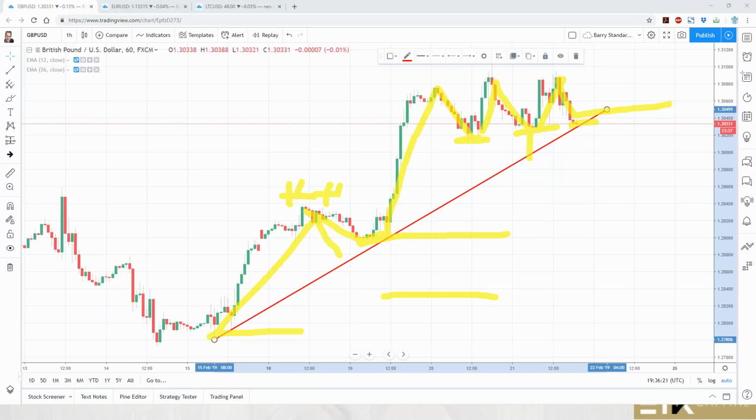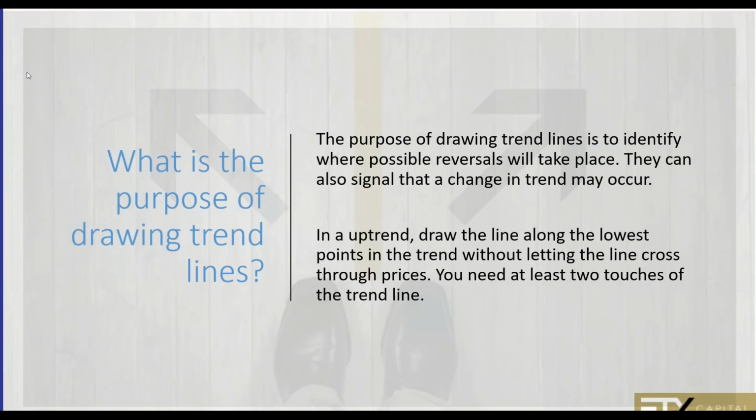So let me take you back to the PowerPoint for a minute here. Okay. So the purpose of drawing trend lines is to identify where possible reversals will take place. They can also signal when a change in the trend is going to occur. What is a reversal?